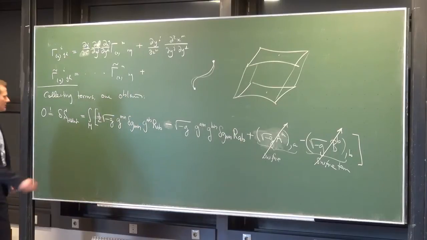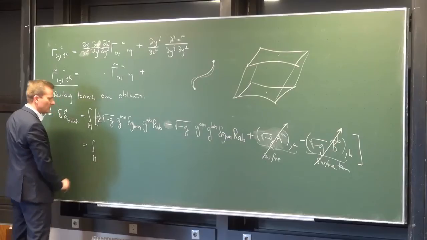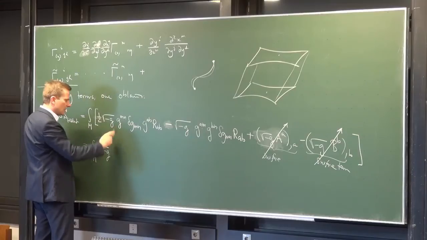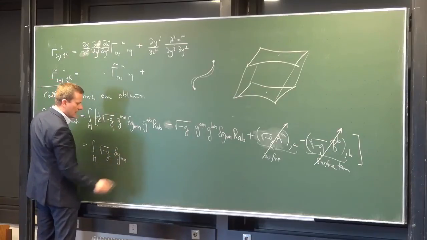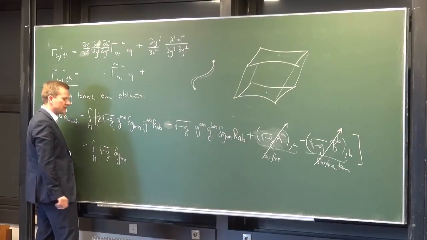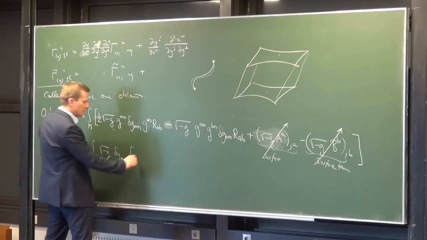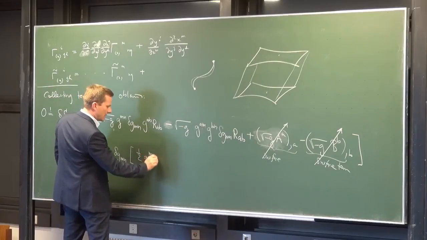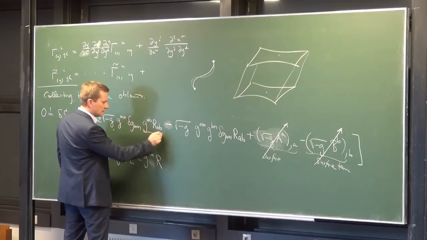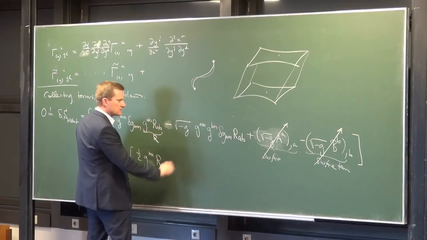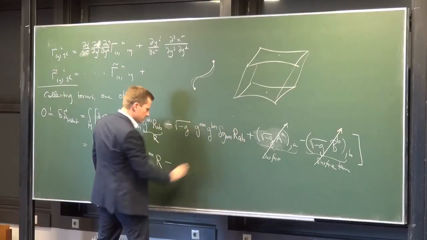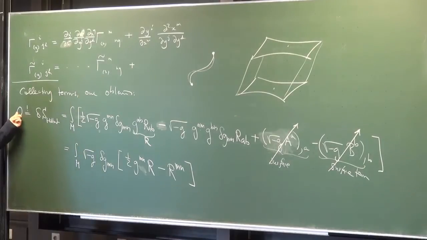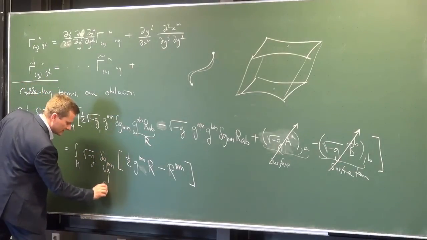Okay, so we do that, but what are we left with? We can factor out the square root of minus g. We can factor out the arbitrary variation delta g mn, and what we end up with is 1/2 g mn R, because this is R, minus, this has the indices pulled up, R mn, equal to 0 for an arbitrary variation.